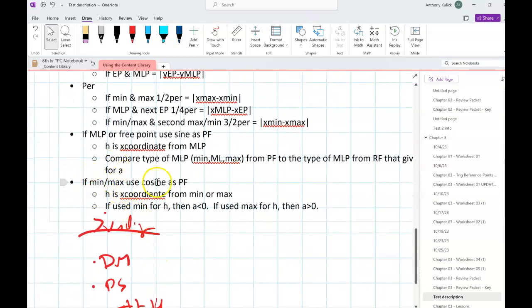If I have a min or a max, I'm going to use cosine as my parent function. Again, the h is just going to be the x coordinate from either the min or the max. If I use the min, then the a should be negative. If I use the max, then the a should be positive.